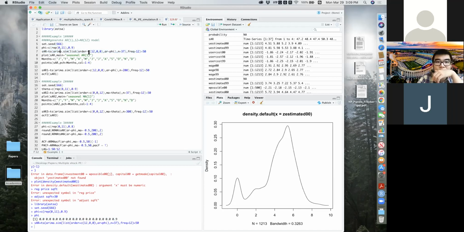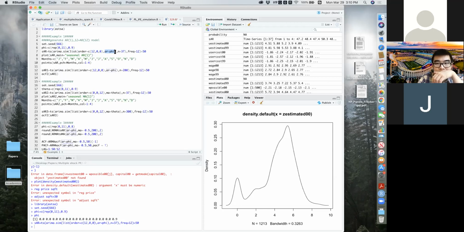You can see what I put here. This is the ARIMA simulation, and we want to do an AR(12) model, so the order we put here is 12, 0, 0. Because we are doing an AR(12) model, the AR coefficient we use is this phi: the first 11 coefficients are equal to 0, and coefficient number 12 is equal to 0.9.